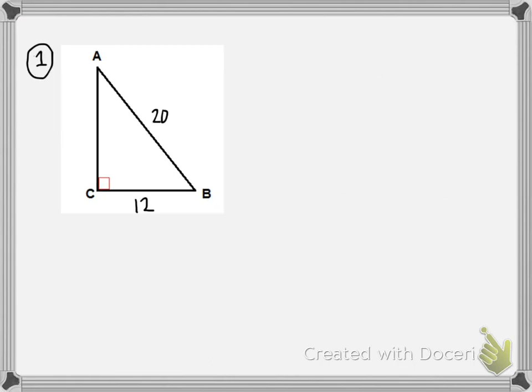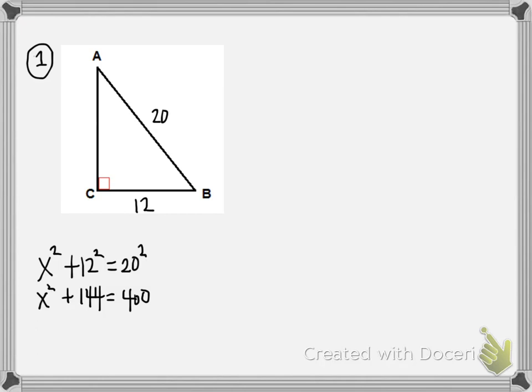Okay, so here, let's find all of the trig ratios with this triangle. Before I find all the trig ratios, I need to find this opposite side here of B. So it would be x squared plus 12 squared is going to be equal to 20 squared. So 144 plus x squared is equal to 400.